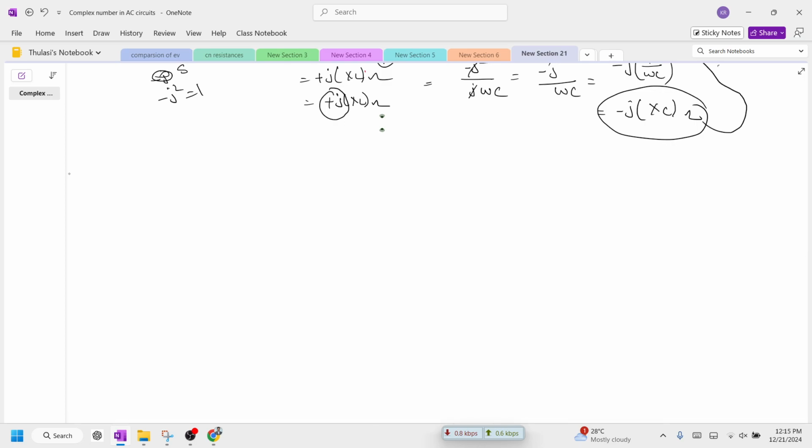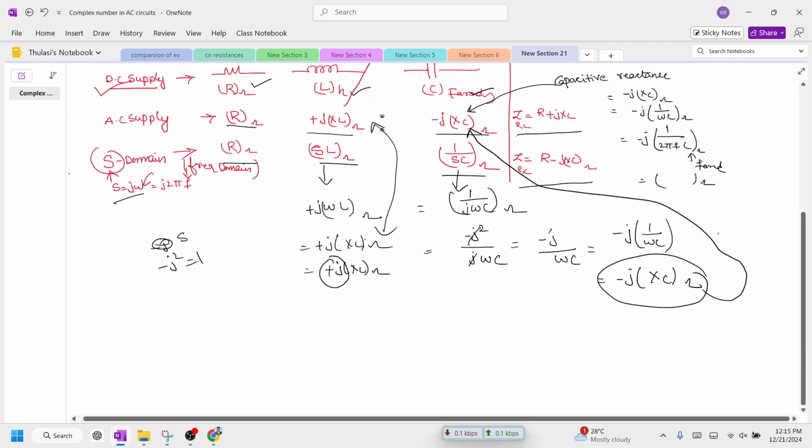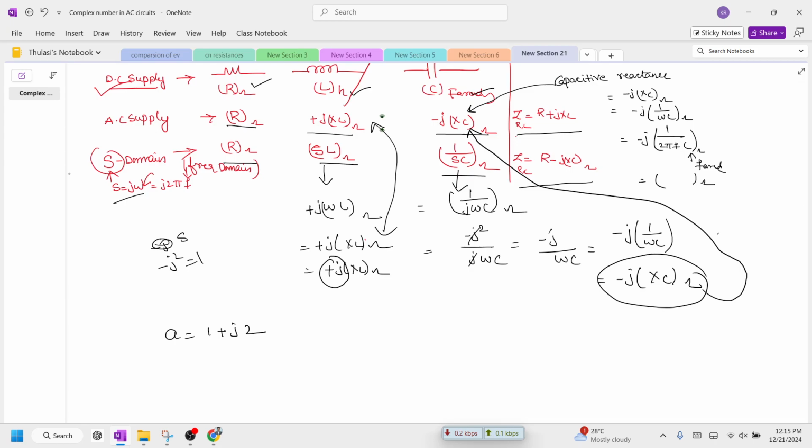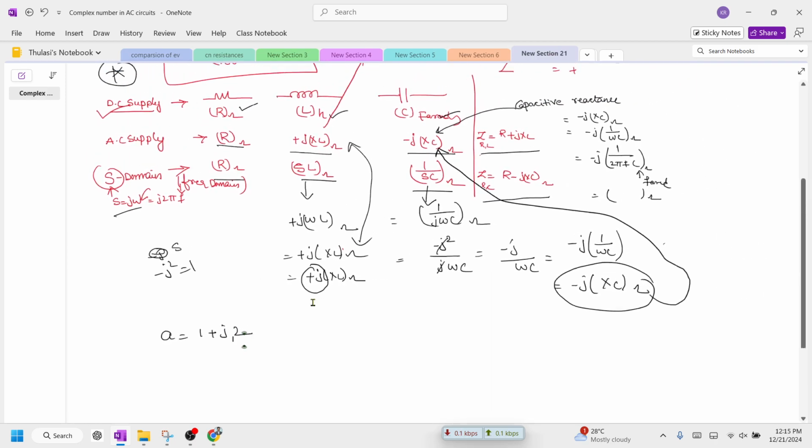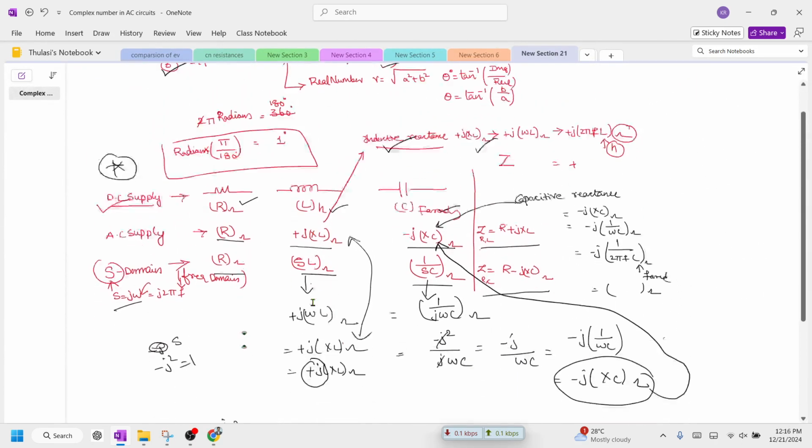Okay, let's take a complex number. Let's write down one complex number, a is equal to 1 plus j2. So this is in a plus ib form, which I already disclosed. So this is in the form a plus ib.